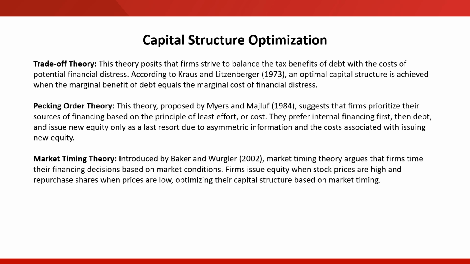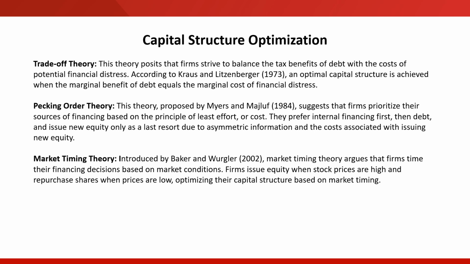This theory suggests that firms seek to balance the tax benefits of debt with the potential costs of financial distress. According to Kraus and Litzenberger, the optimal capital structure is achieved when the marginal benefit of debt, primarily tax shields, equals the marginal cost of financial distress, such as bankruptcy costs. This balancing act helps firms maximize their value by optimizing their debt levels.